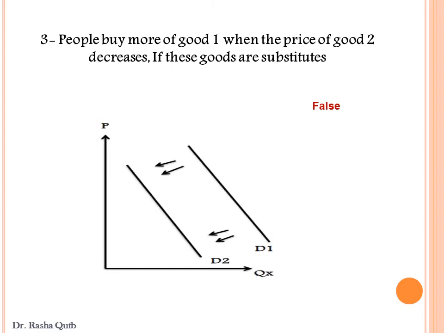And this is shown graphically by shifting the whole demand curve to the left, or we have a downward shift in the demand curve. So the correction of this sentence is that people buy less of good 1 when the price of good 2 decreases if these goods are substitutes.